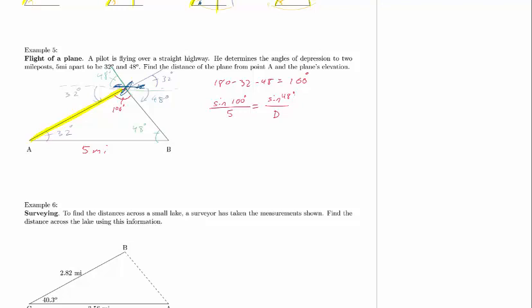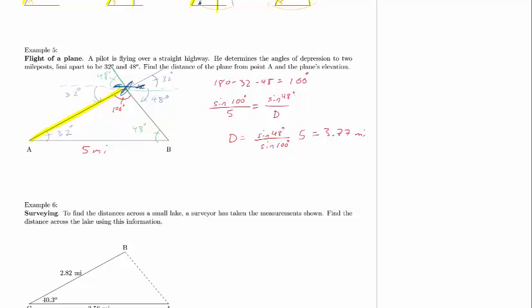So solving for D, the distance, we have sine of 48 degrees divided by sine of 100 degrees multiplied by 5. And this gets us 3.77 miles.